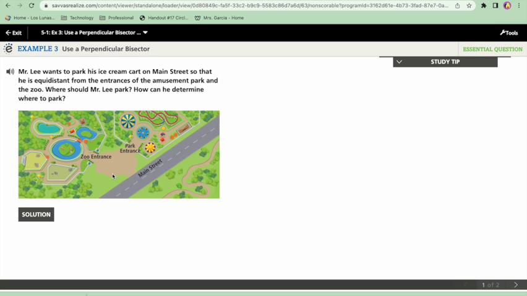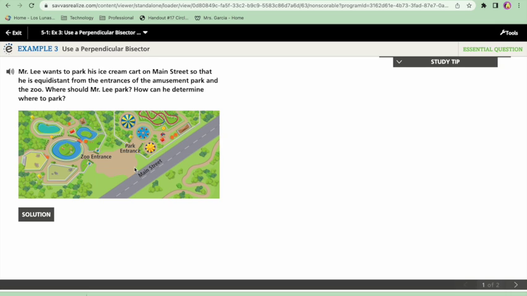All right, so here is the zoo entrance and here is the park entrance. So I would want to know where the perpendicular bisector is of this, because if we found that, we could find points that are equidistant from each park entrance, right?